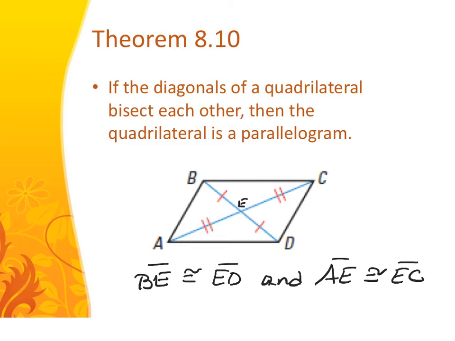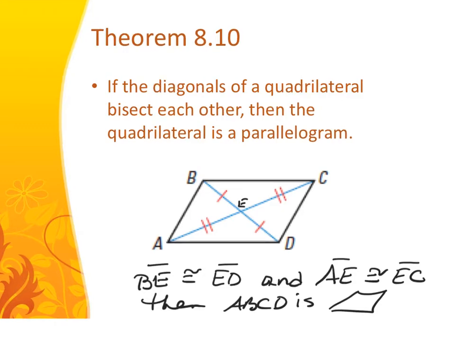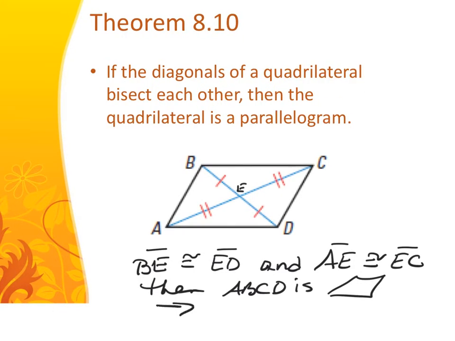If you're given this, then you could say that ABCD is a parallelogram. Now, instead of writing the word then, you could put the arrow, any kind of shorthand you want to come up with.